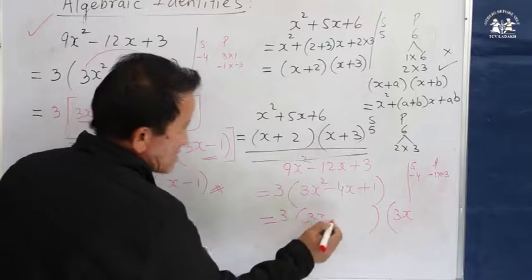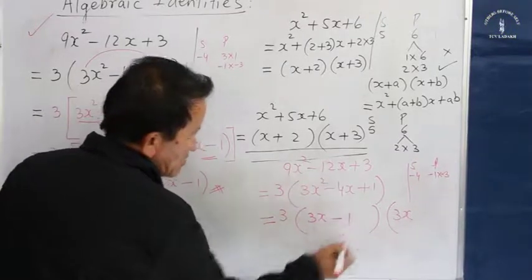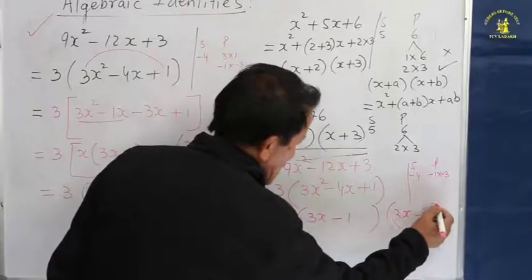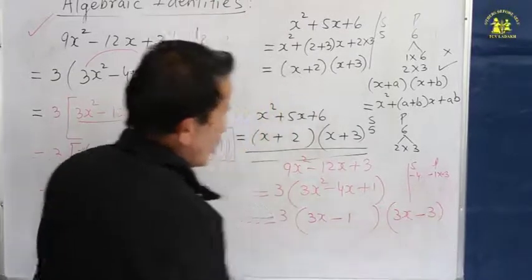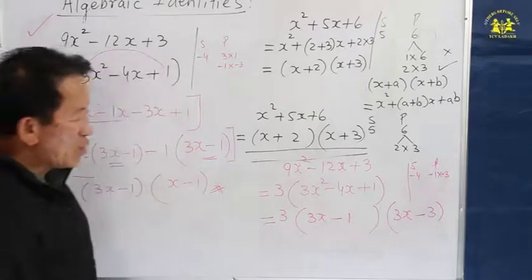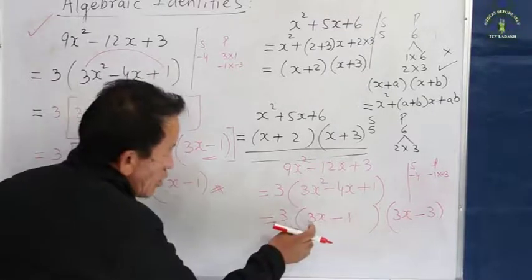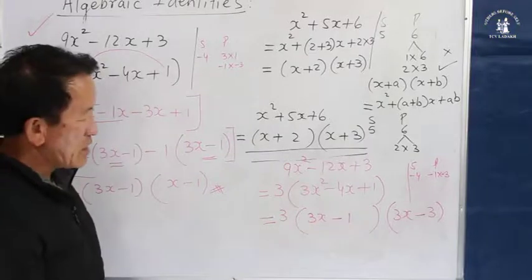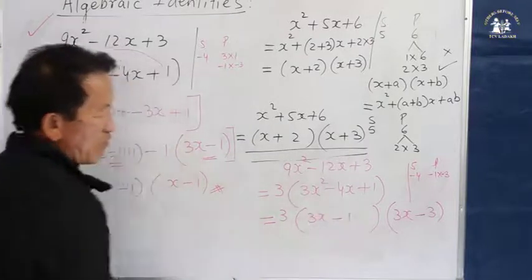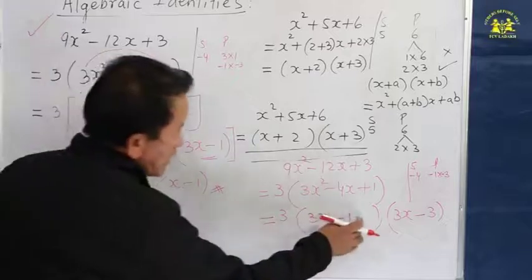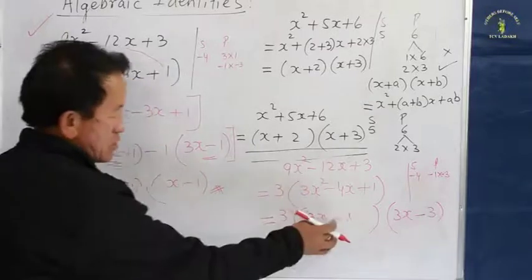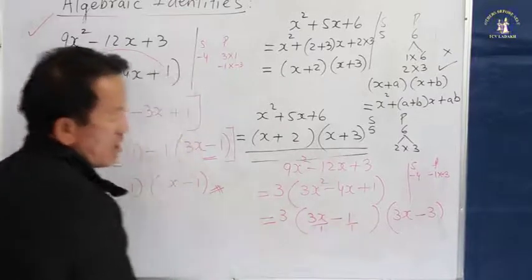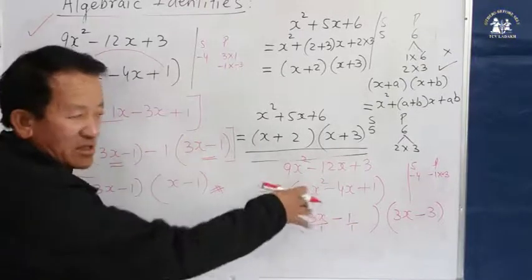So here we write 3x minus 1, and here 3x minus 3. Now we try to find the GCD of the terms inside each bracket. In the first, other than 1, we don't find any other common factor. So we divide by 1, and the term stays as it is.